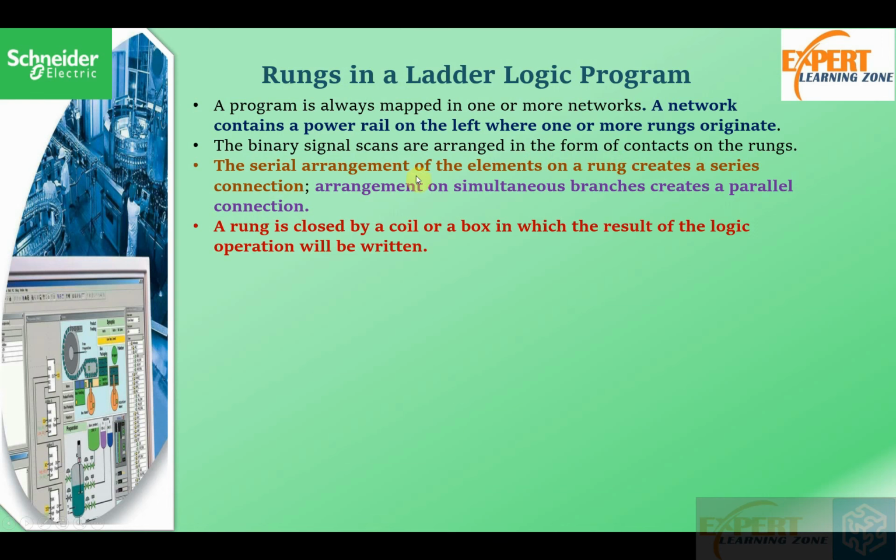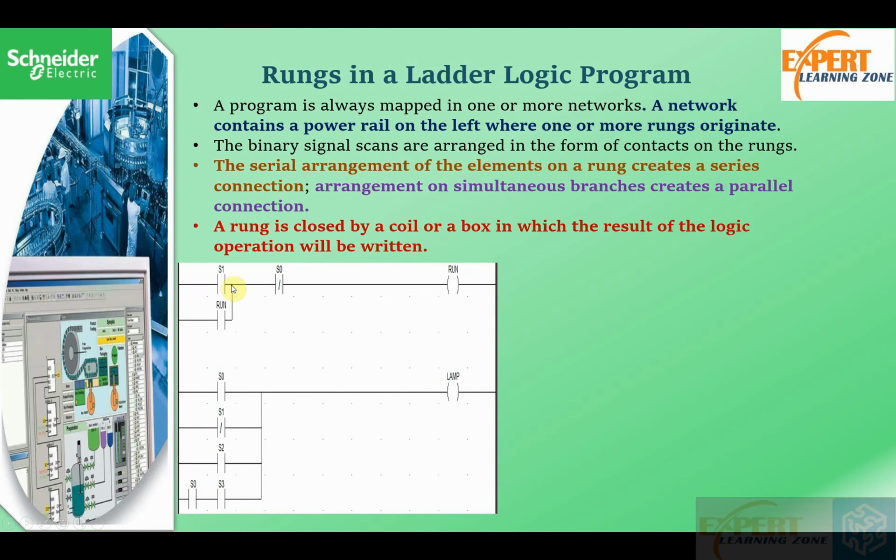The serial arrangement of the elements on the rung creates a series connection. Arrangement on simultaneous branches creates a parallel connection. A rung is closed by a coil or a box in which the result of the logic operation can be written. Okay, so like this example, in this example, we have two rungs.